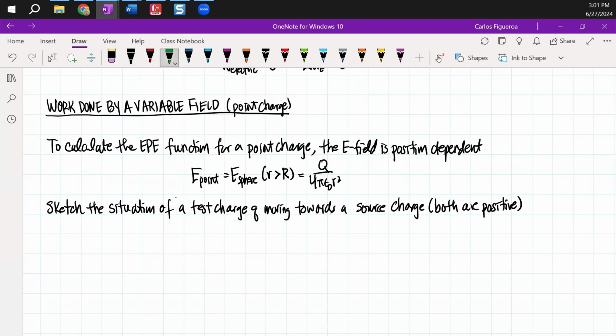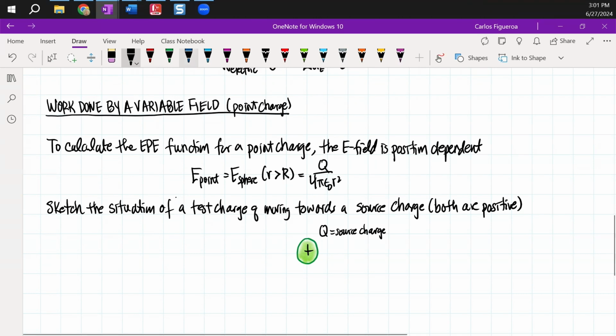So here's my source. And because this is my source here, I'm going to call big Q the source charge.